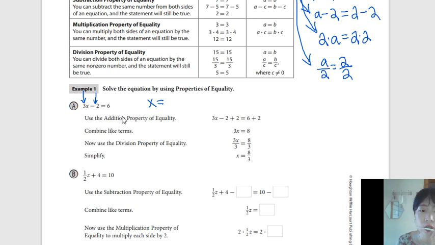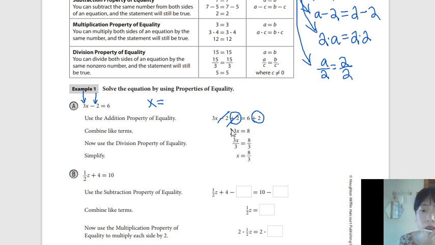So we're going to take care of negative 2 first. What's the opposite of negative 2? Adding 2. So we're going to add 2 on both sides. Negative 2 plus 2 is 0, so that's gone. And then you have 6 plus 2, which is 8. So then you have 3x is equal to 8.